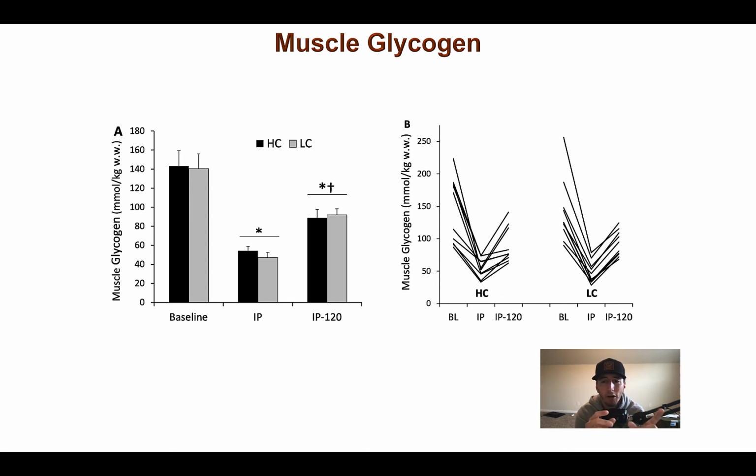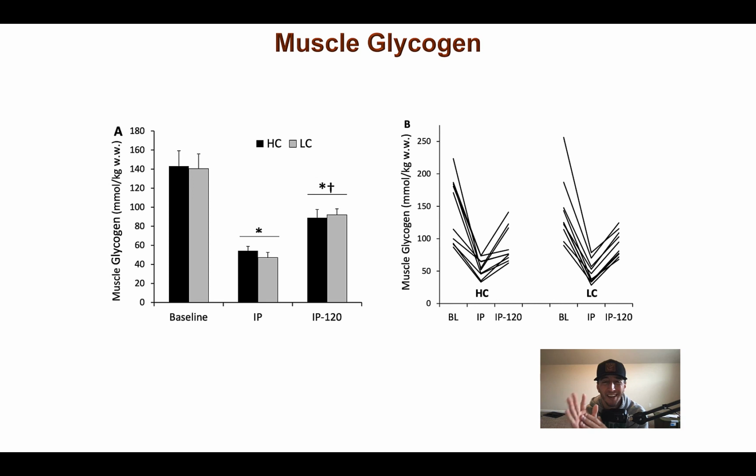So our high carb athletes and our low carb athletes started with the exact same amount of glycogen, burned the exact same amount of glycogen, and resynthesized the exact same amount of glycogen. So glycogen utilization was no different. This means that both sets of athletes were able to hold on to and use the correct amount of carbohydrates.